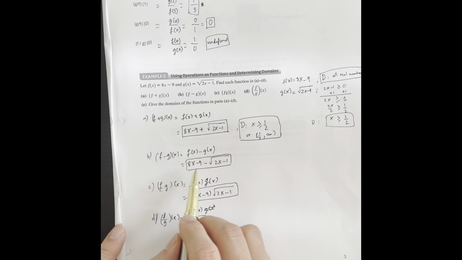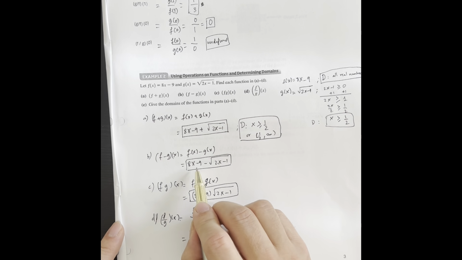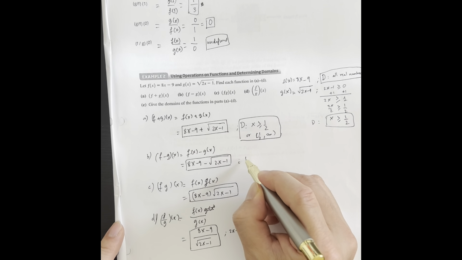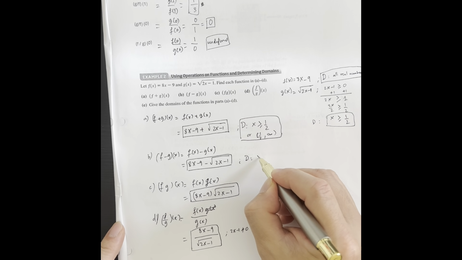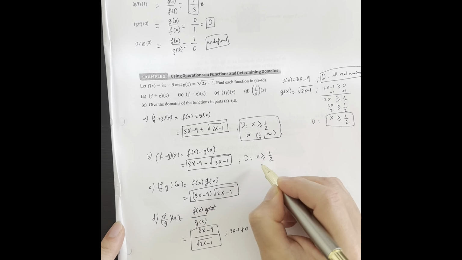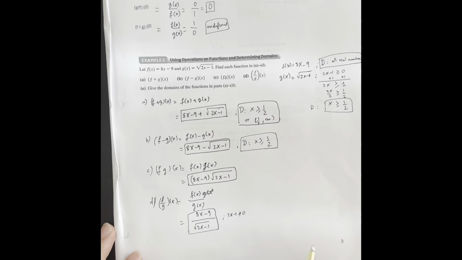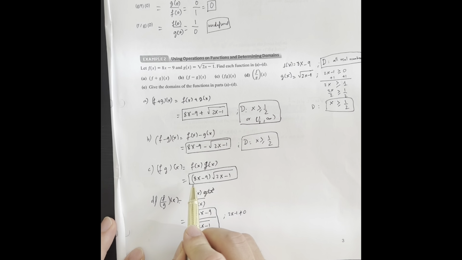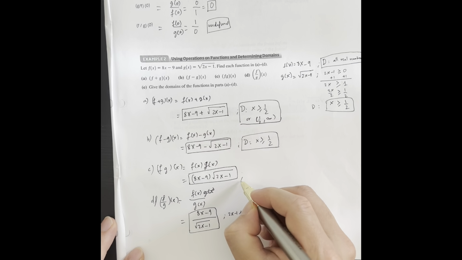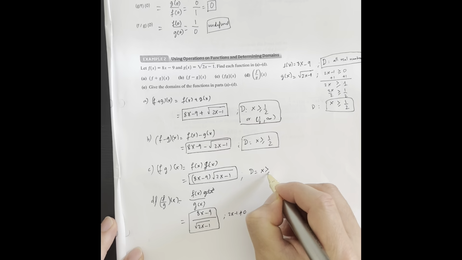Same thing with f minus g of x. It's the intersection of these, and there's no new restriction. So the domain here is also x greater than or equal to 1/2. Same thing here, it's just multiplying, so there's no new restriction, so the domain is also x greater than or equal to 1/2.